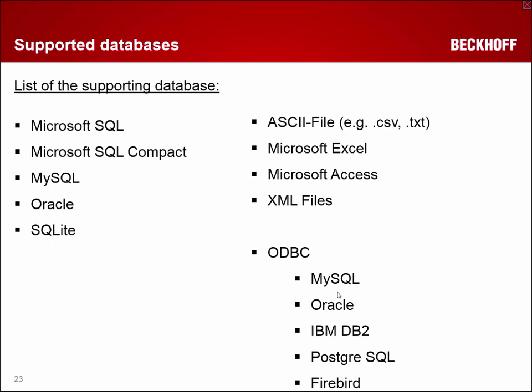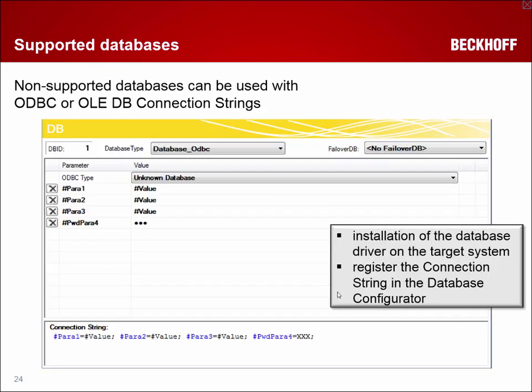If this is not enough, you also have the possibility to use a common interface, so ODBC or OLEDB, and then you can choose a database that we do not know at the moment from our database server team, or which we are not supporting as a standard database. Then you can install the driver of this database on your control system, and you need to know how the connection string should be set up, and this setup you can realize in the configurator.